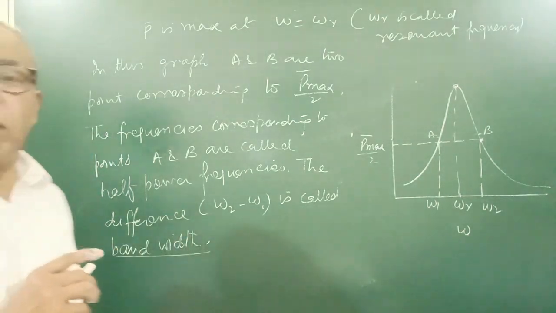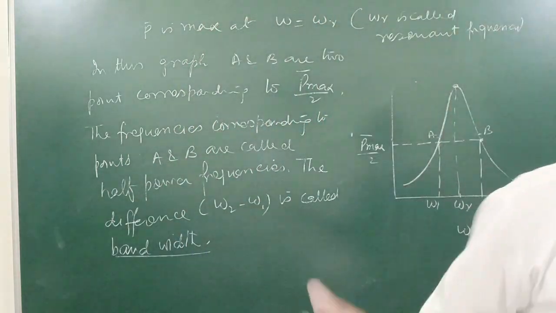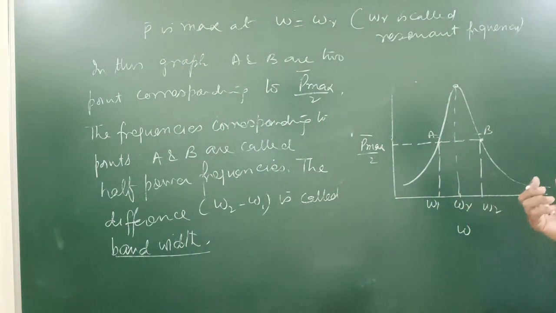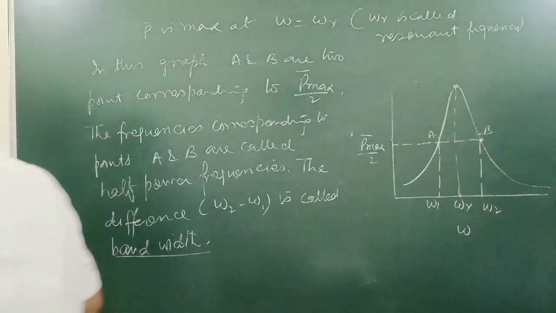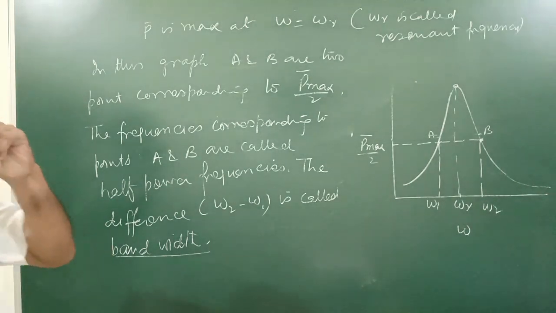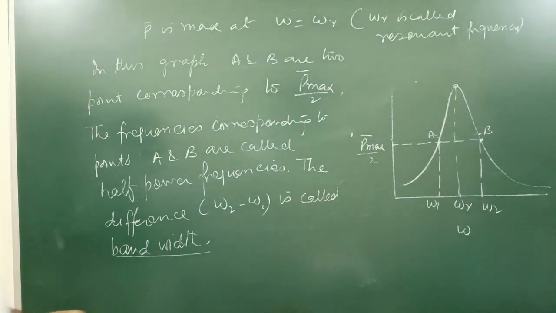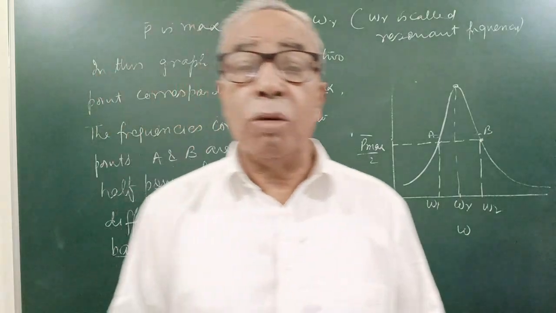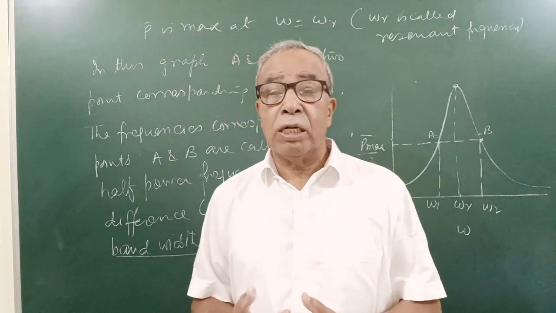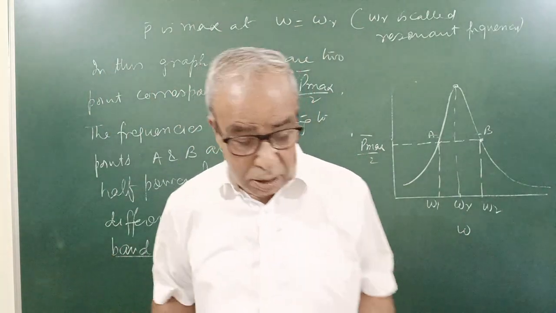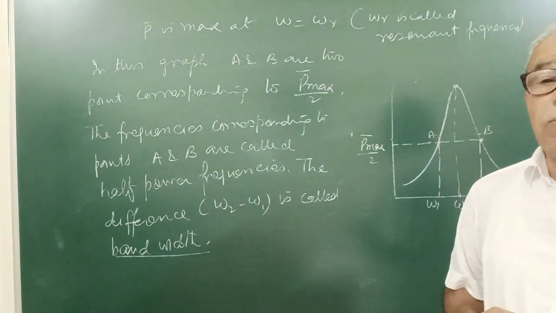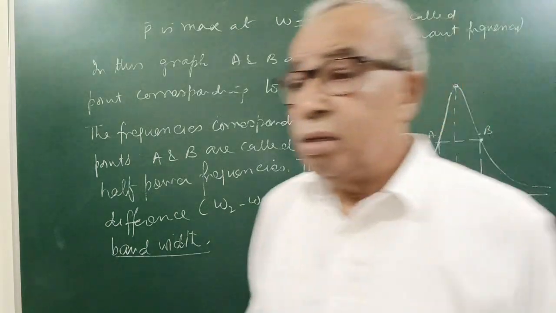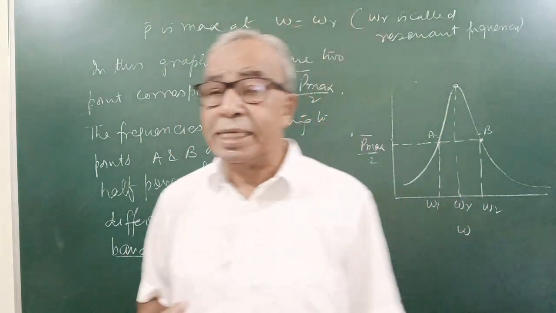Here is the question: what is bandwidth? Well, the difference of the highest and lowest half power frequencies is called bandwidth. But why are we studying this topic? In radio communication or television communication or any data transfer, we need electromagnetic waves, which travel with the speed of light.